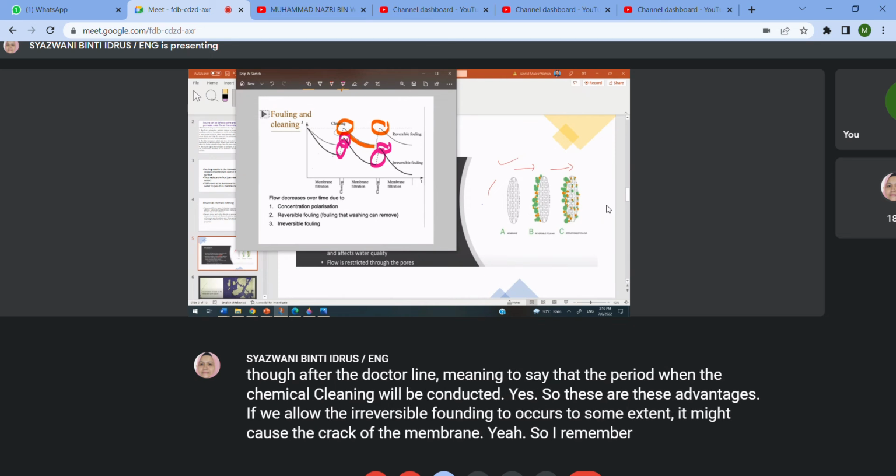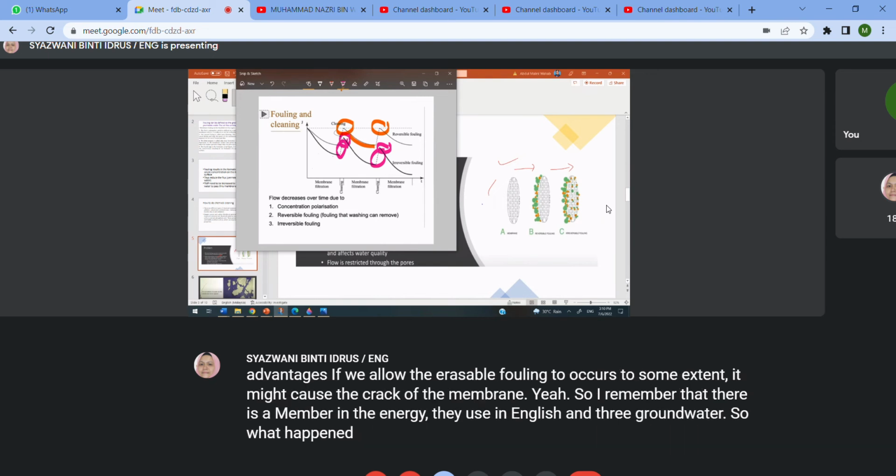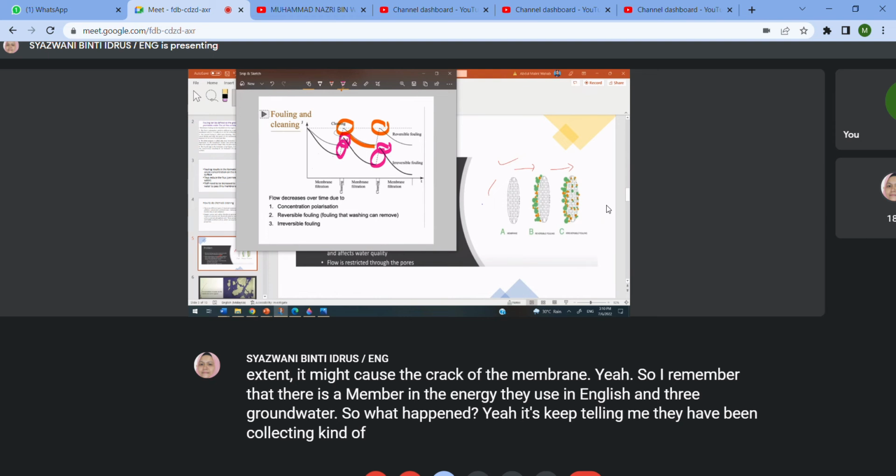I remember there is a membrane technology that they use in Negeri Sembilan to treat groundwater from a tube well. They keep telling me that they have been collecting some solids in the treated water after it passes through the membranes.